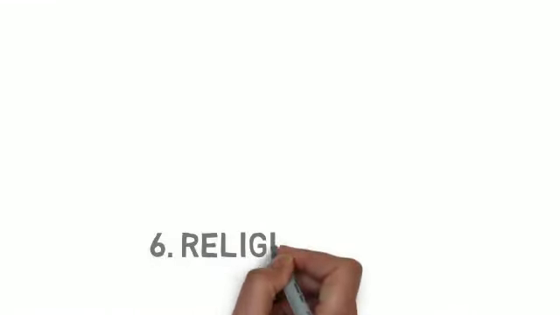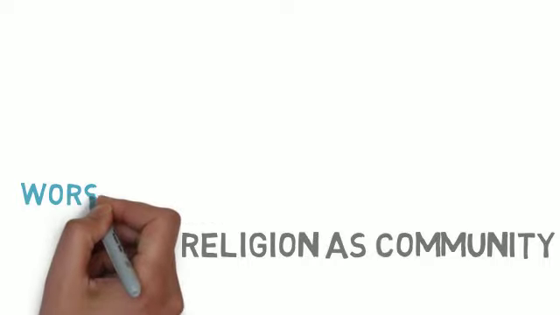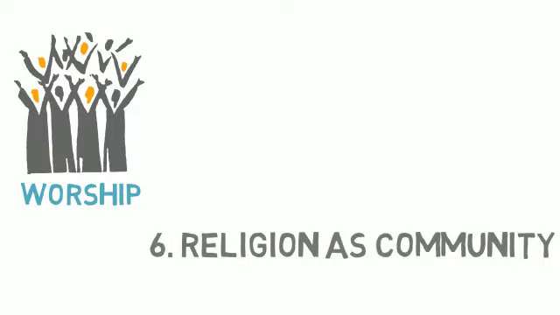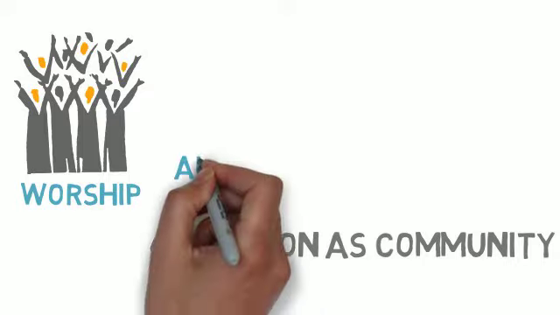Lens number 6. Religion as community. For a great many people, their appreciation of religious belief and practice links closely to their appreciation of the religious community to which they belong. Religion can be regarded as community in many different ways. As a community of worship, where the collective performance of rituals renews and restates a shared worldview.